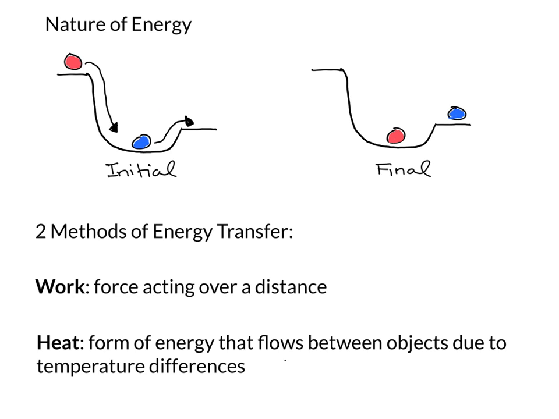Conversely, the red ball now has less potential energy than it had originally. So overall, there's been a change and a transfer in the energy of this system. The potential energy that was stored in the red ball has been transferred to the blue ball to give it a new potential energy value as well as a new position in the chart.